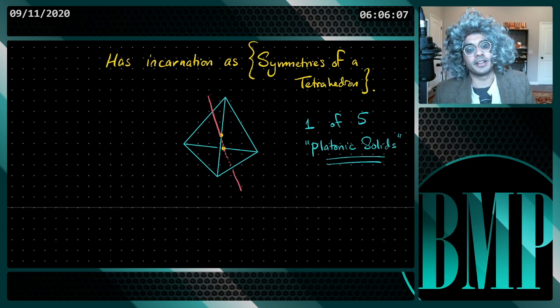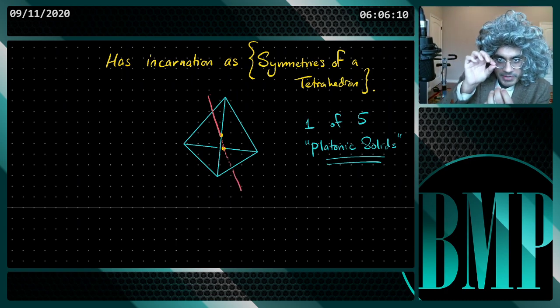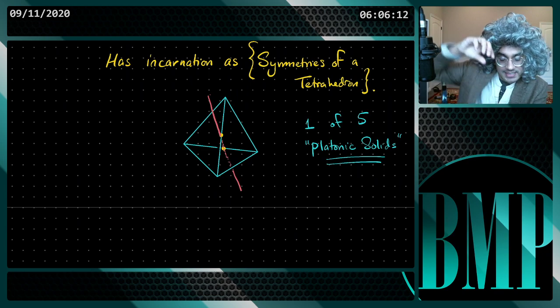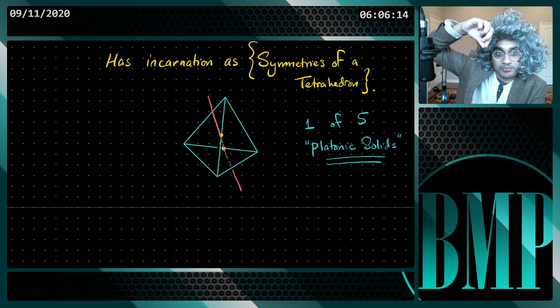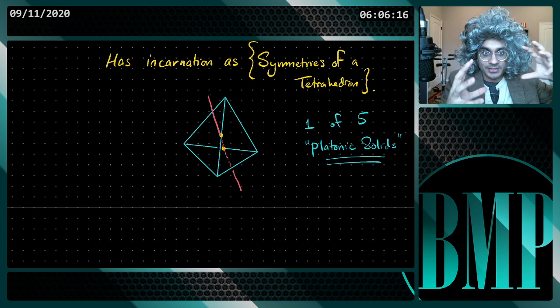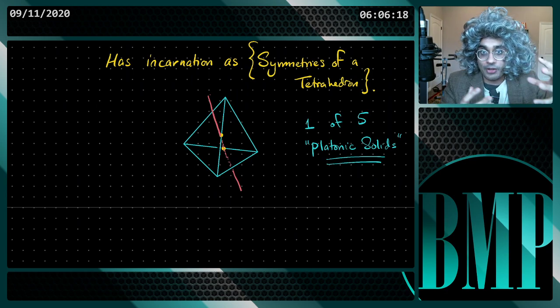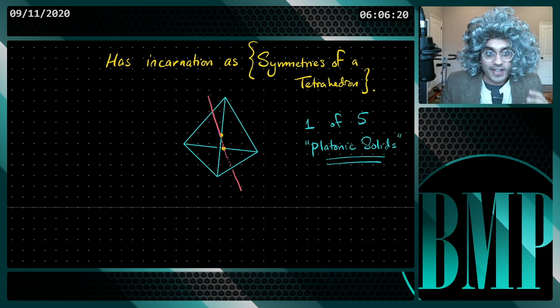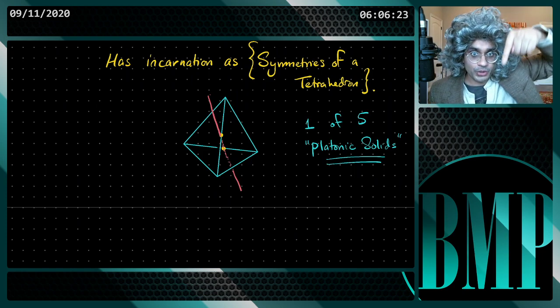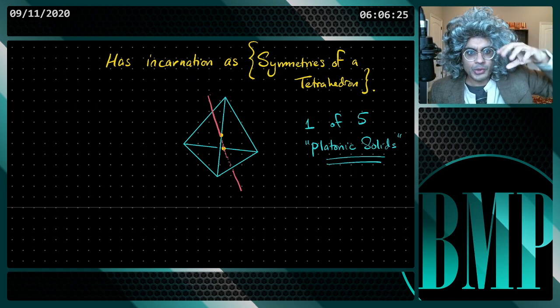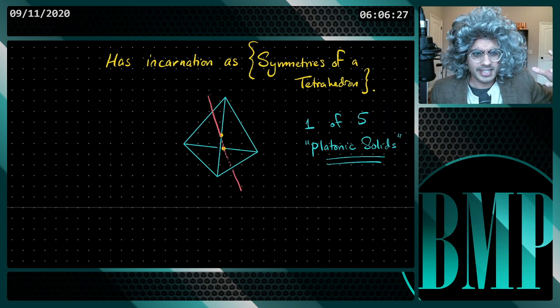I'm really bad at drawing, but right through the middle of the 2, stab an axis, and then here's the thing. The tetrahedron is kind of symmetrically positioned around this axis. In fact, if you look through this axis, you will basically see like a square.